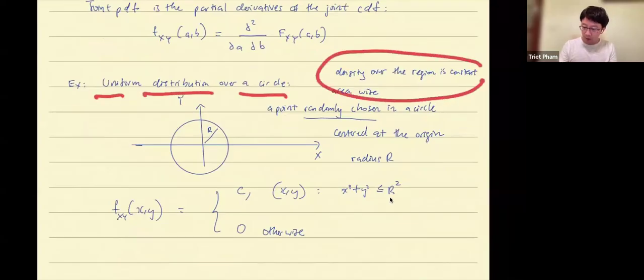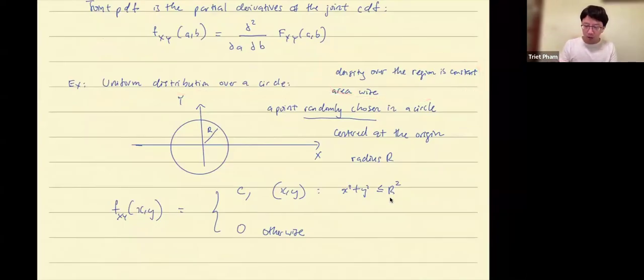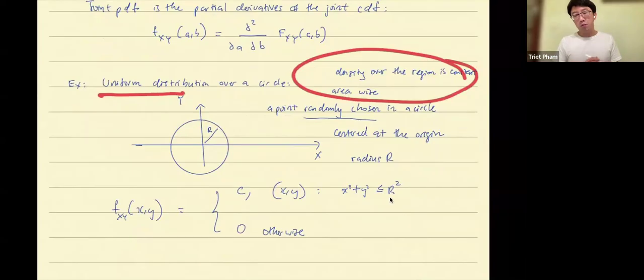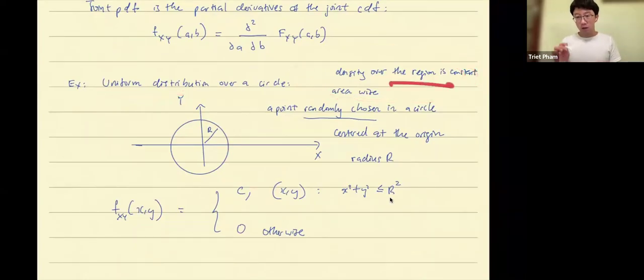The density over the region is constant, not in any other sense. You could, in principle, choose this uniformly in terms of the circumference of a circle. In that sense it can still be interpreted as randomly chosen in the circle, but that's not the default sense we mean. When we say uniform here, we mean the density over the region is a constant.